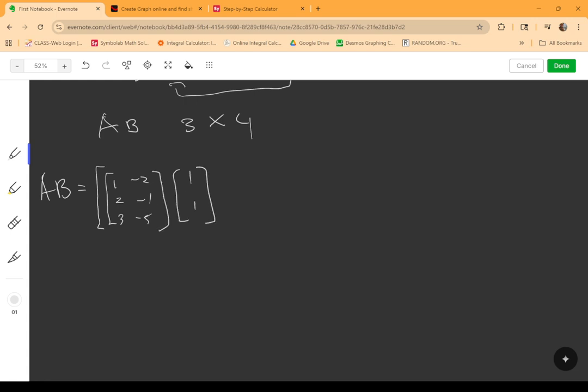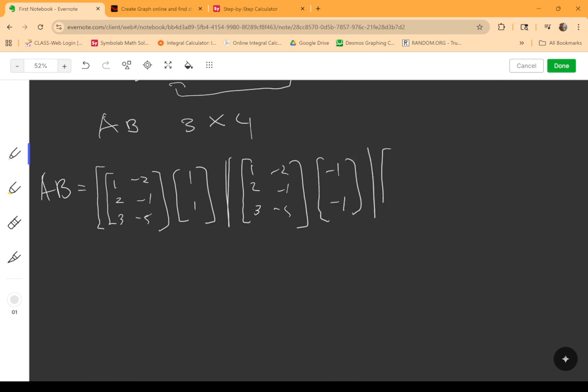Again, we interpret it as the matrix vector product, and we concatenate it with the next product, which will be A with 1, 2, 3, -2, -1, -5 times the next column vector, which would be -1, -1.